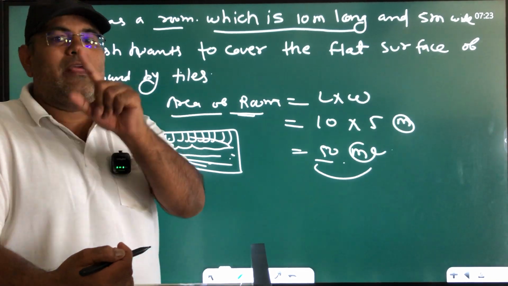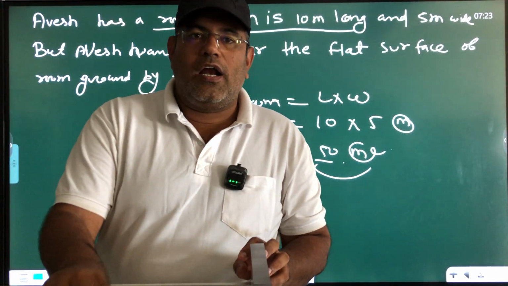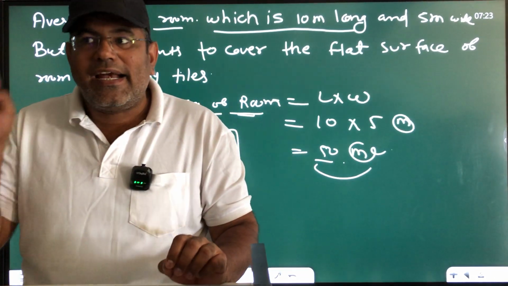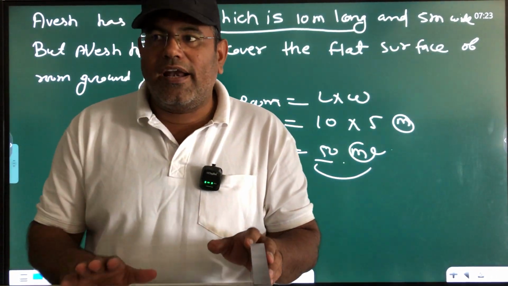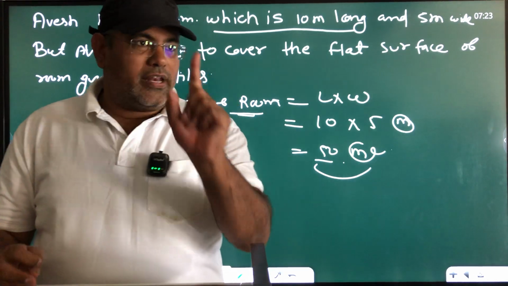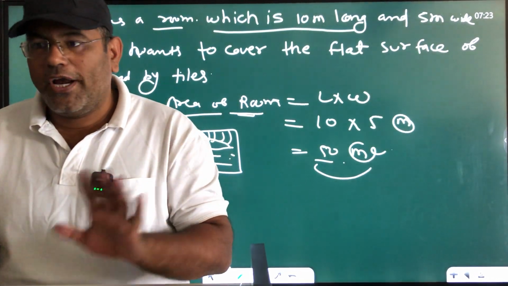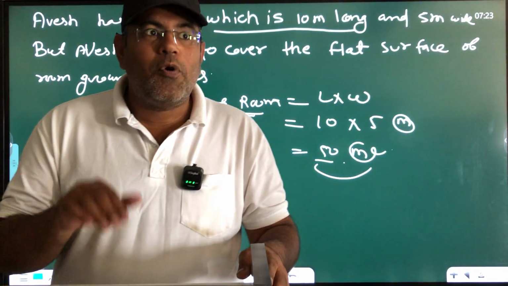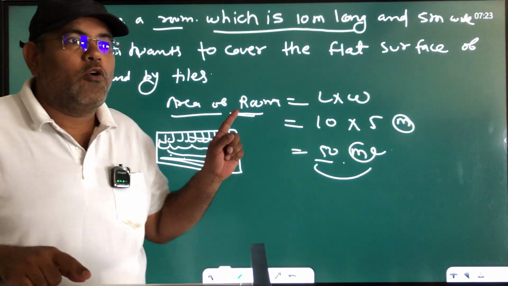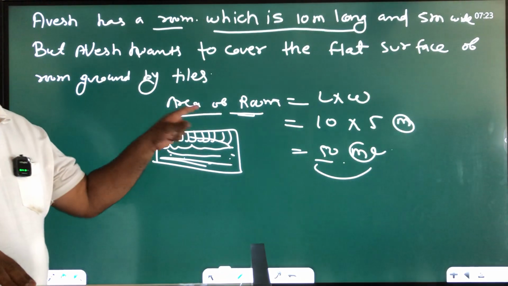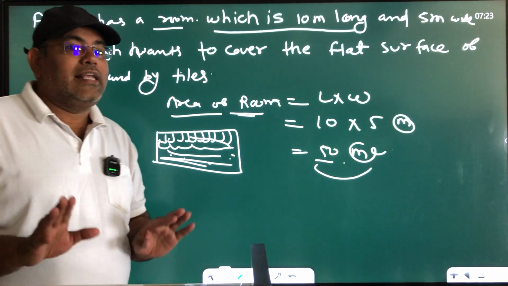So once again I repeat that if you want to find out the total space inside the area, inside the shape, in that condition you have to use area of the rectangles according to shape. Is that clear? But if you have to find out the outer boundaries distance, in that condition you have to find out the perimeter of the rectangles. Is that clear?